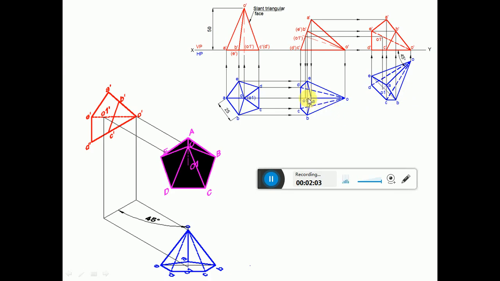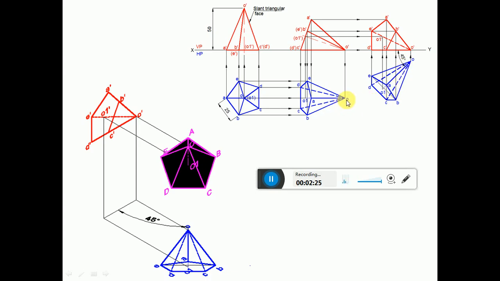Then measure the distance from this point to E and also from this point to B. Both will have equal distances. Similarly, from here with this as center, cut an arc on this side to get this point E. And similarly from this point, you cut an arc on this side to get the point B.